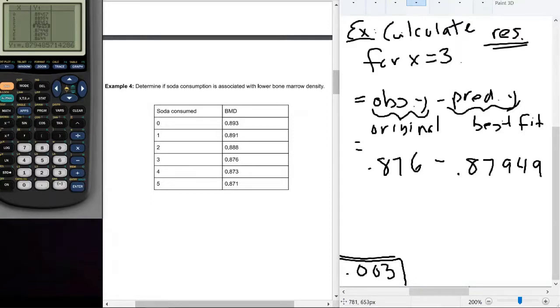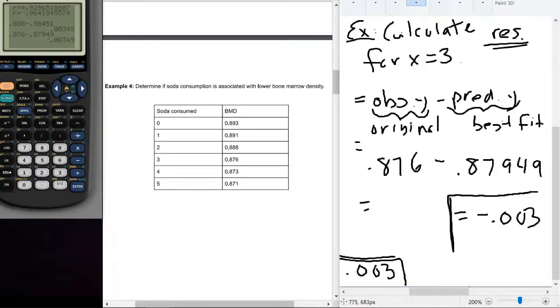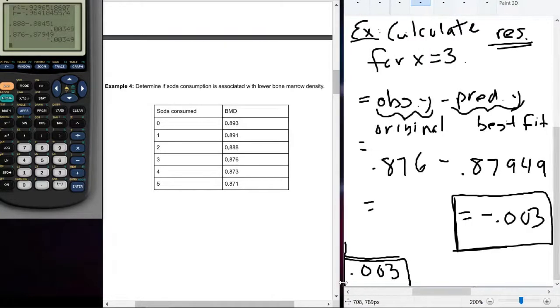Okay. So when we calculate this in the calculator, let's see what we get. 0.876 minus 0.87949. Okay, interesting. Here in this example, we get negative 0.003. We got a negative residual. In the previous one, we got a positive residual, right?